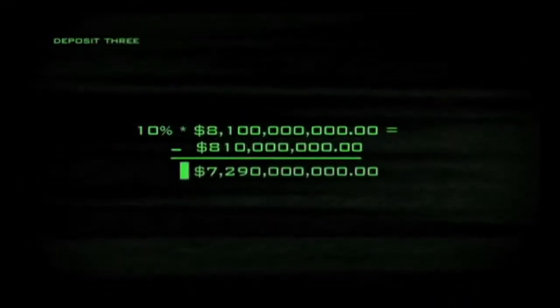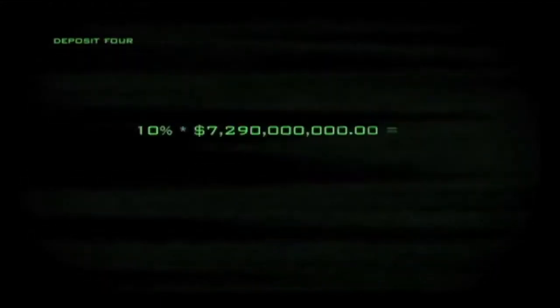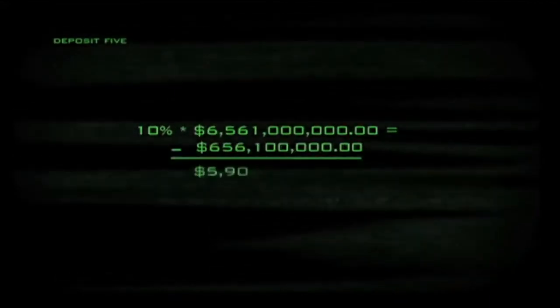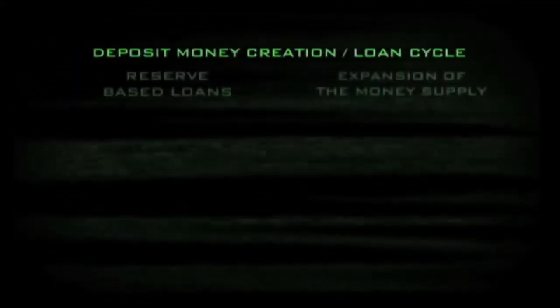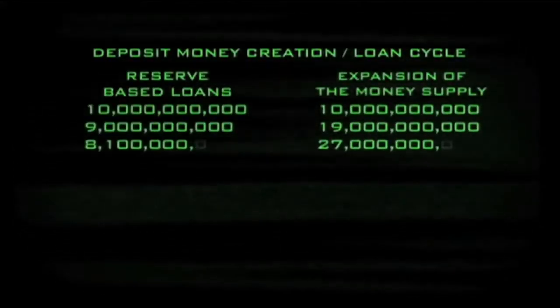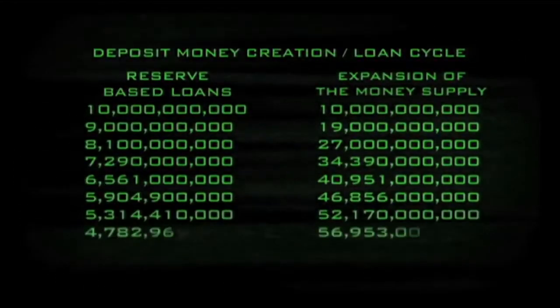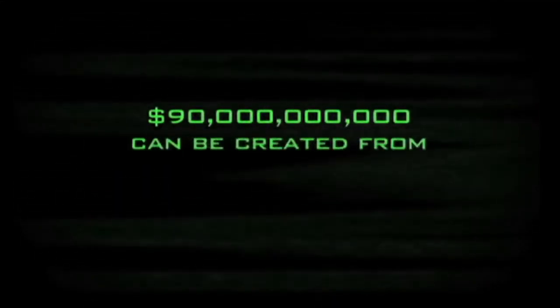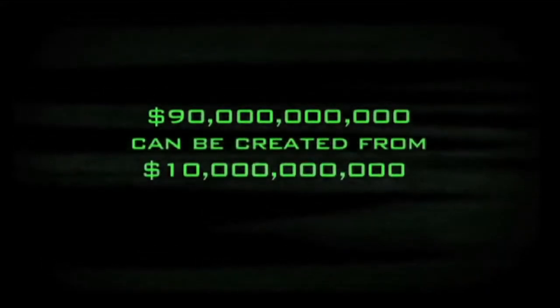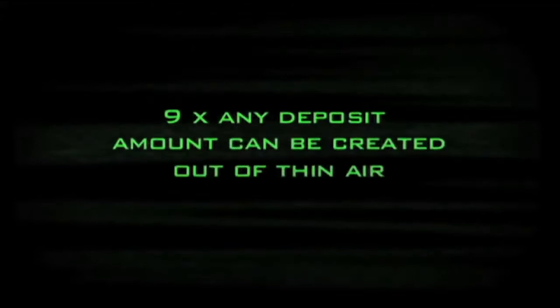And of course, that 8.1 can be loaned out and redeposited, creating an additional 7.2 billion, to 6.5 billion, to 5.9 billion, etc. This deposit money creation loan cycle can technically go on to infinity. The average mathematical result is that about $90 billion can be created on top of the original $10 billion. In other words, for every deposit that ever occurs in the banking system, about 9 times that amount can be created out of thin air.